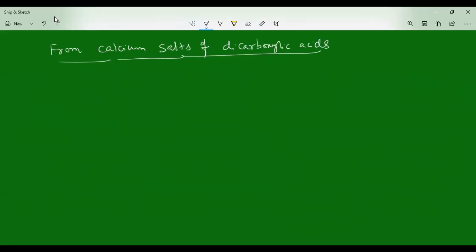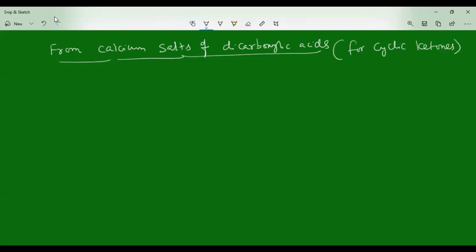Here, this method we are going to introduce whenever we want to prepare cyclic ketones. The ketones are called cyclic ketones.